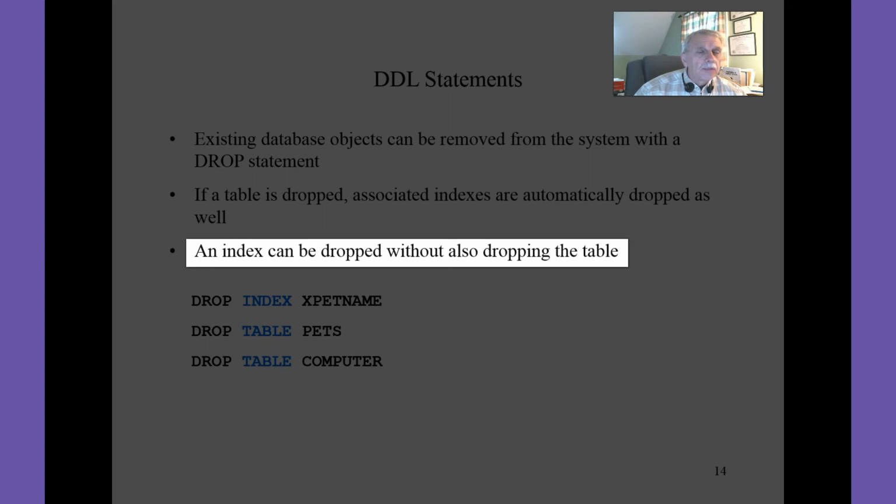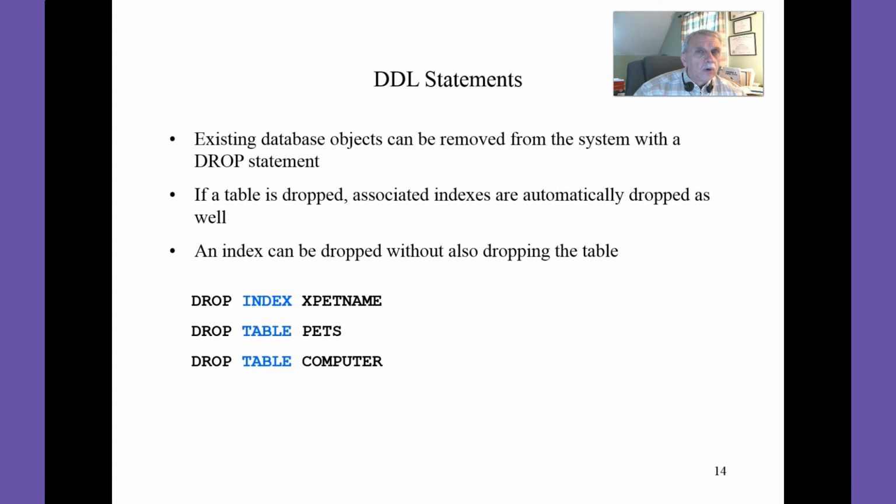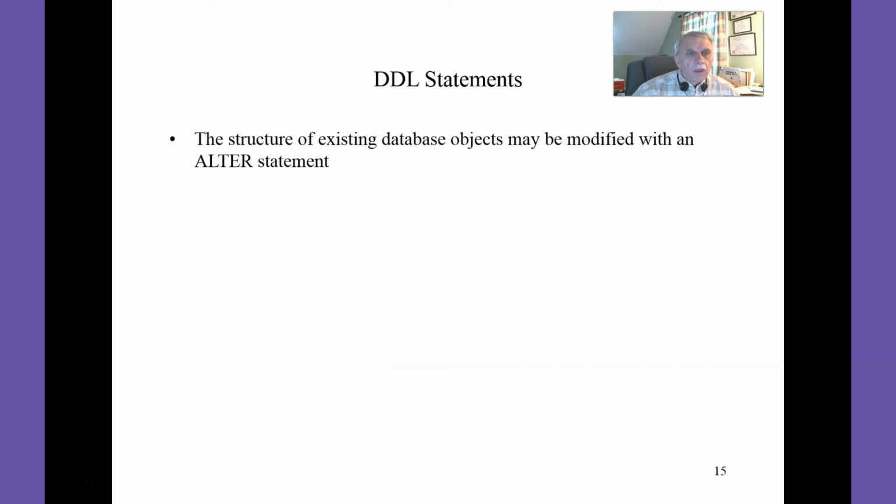So it is possible to remove the index, but it might have an impact on the performance of a query later on. Had that query been executed in such a way that the optimizer said, okay, let's use the index, but now the index is gone, it has to look for an alternative route, and this might be a little bit more resource intensive.